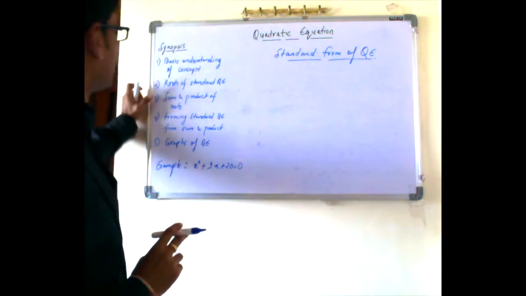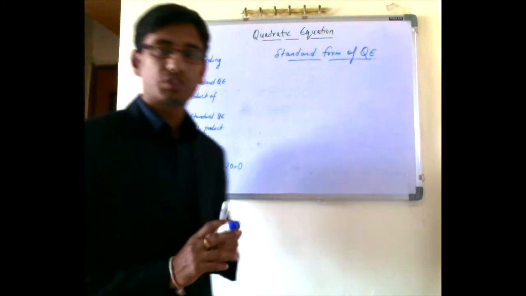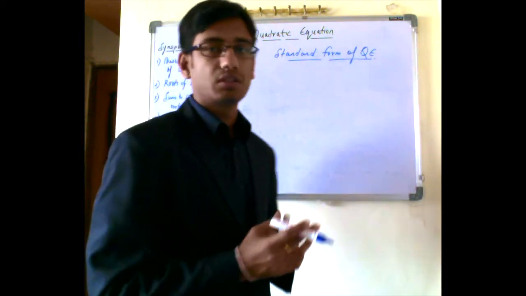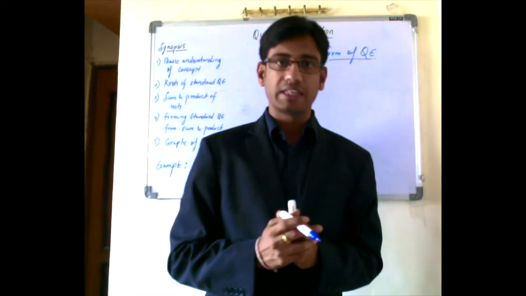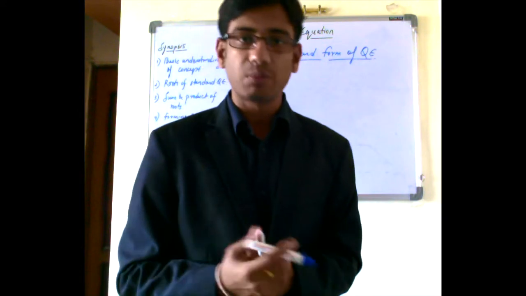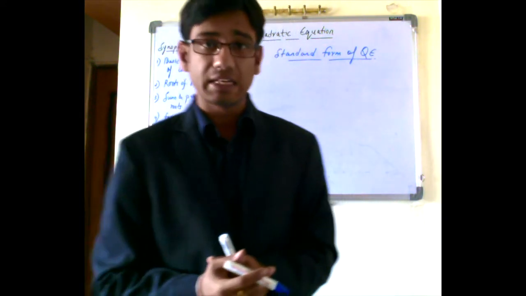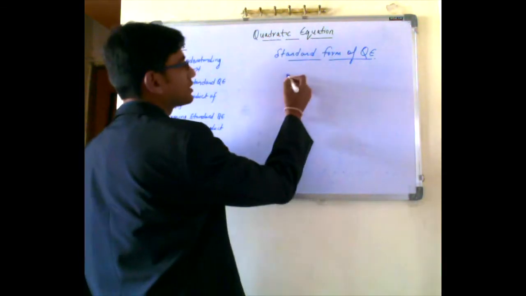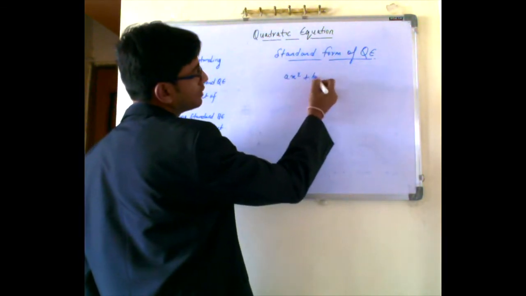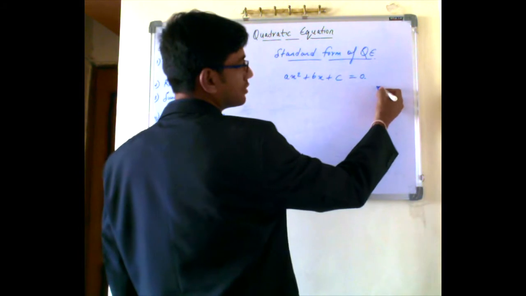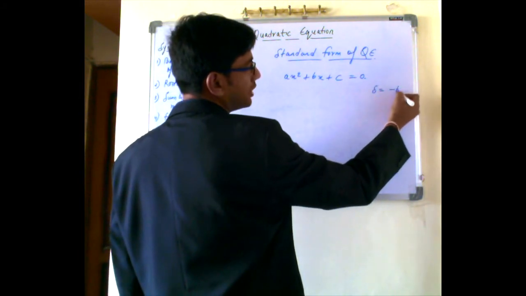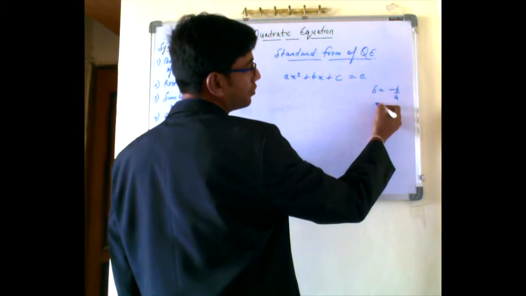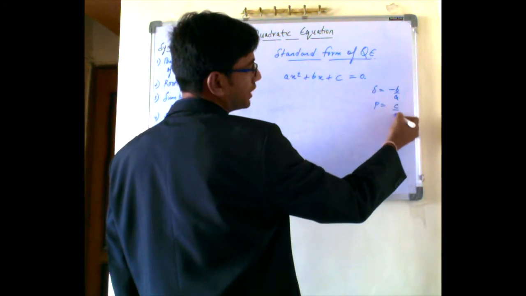Now the sum and product of the roots of the quadratic equation. We just saw that the two roots of the quadratic equation were x1 and x2. If I need to find the sum of the roots directly from my standard quadratic equation ax² + bx + c, how can I do that? The sum of roots is -b/a, and the product of roots is c/a.